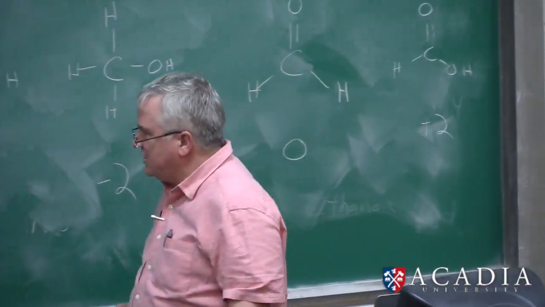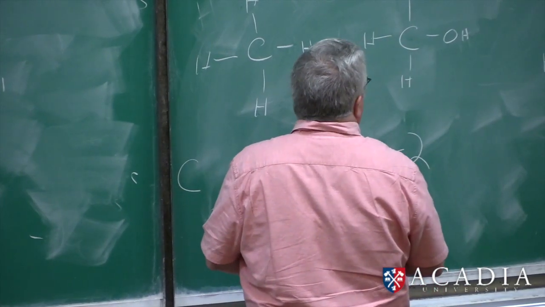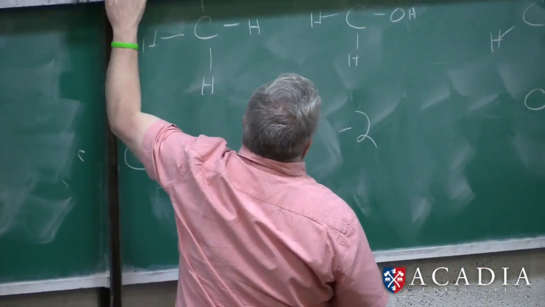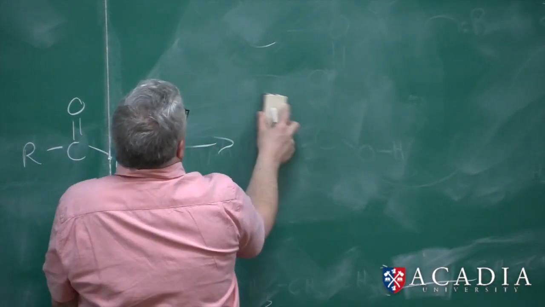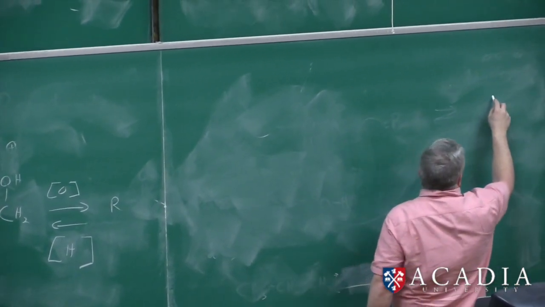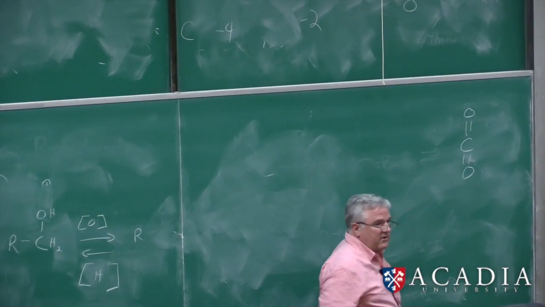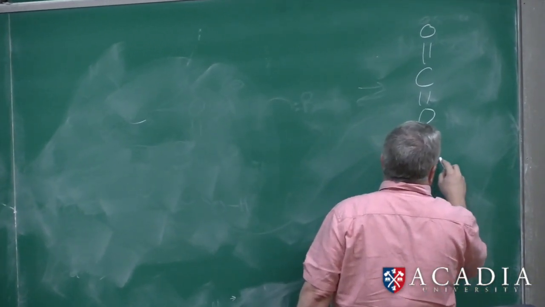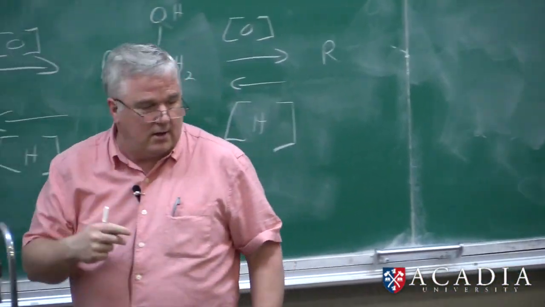So the highest oxidation number we can have for carbon then, I'll put it up here. What's our oxidation number for that carbon? +4. Okay, so carbon goes from -4 to +4.